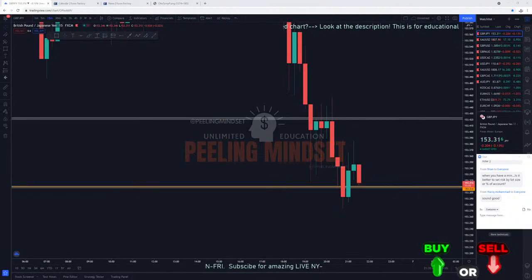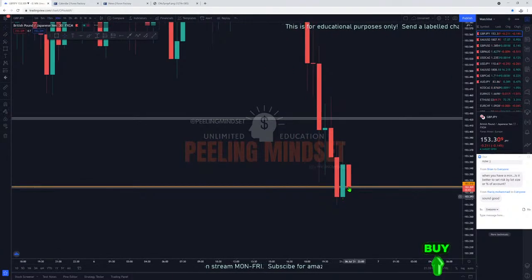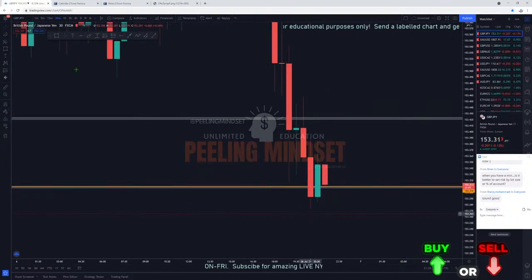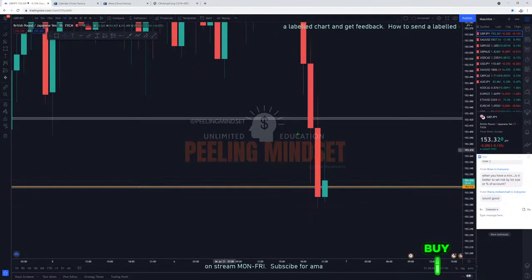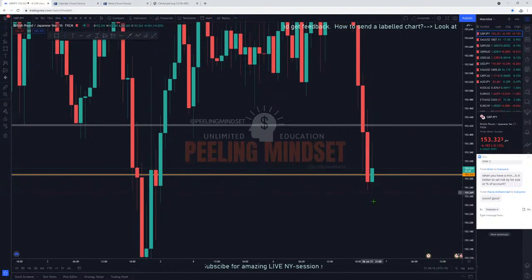Ooh, and we are pushing down nice and slow. Let's see. On the break of this candle's low, it's looking pretty good. So let's see what's going to happen, and the hourly candle could flip bearish at that point in time.